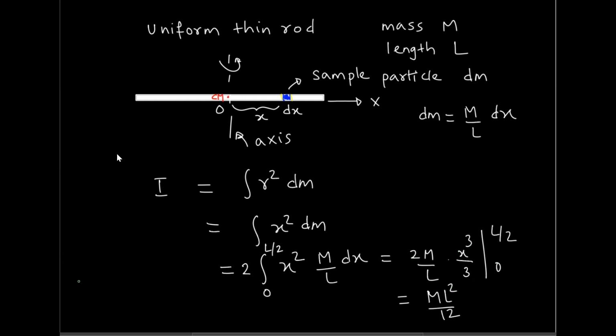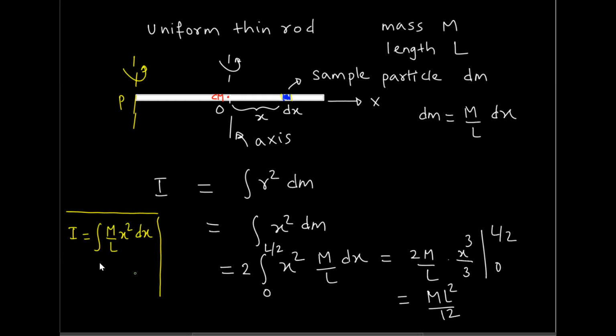Now, another interesting thing. I'm sure you might be knowing this. Suppose if I rotate about an axis passing through this end, what changes will I have to do in my integration? I think it will still be the same thing. I'll still have m by L x square dx, but my limits will change.